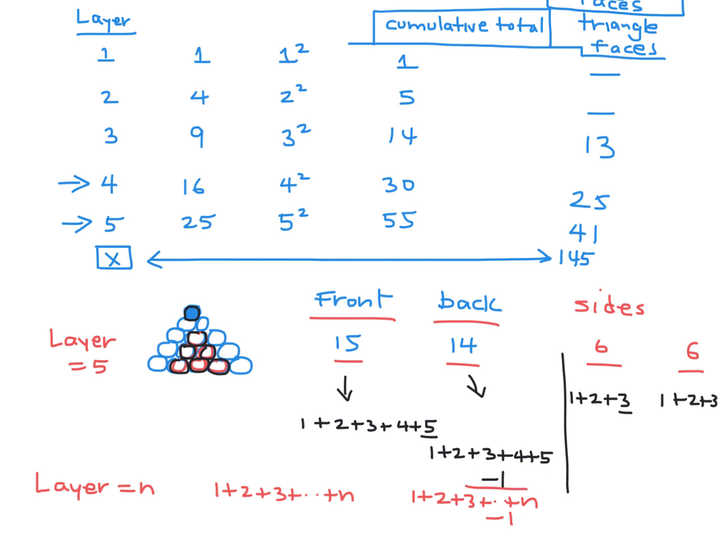And then this one, let me think about this for a second. 1 plus 2, okay, I think I got it. 1 plus 2 dot dot dot all the way until n minus 2, because this was n, and we're going 2 less. I'm pretty sure that's the way to do it. And then similarly, this would be the same thing.